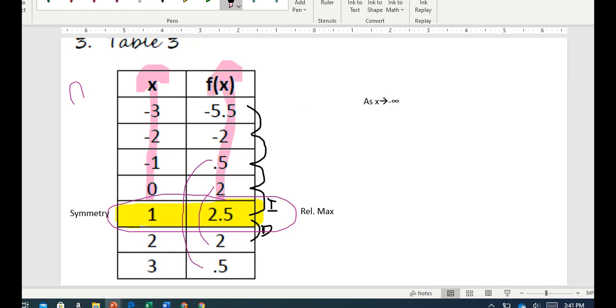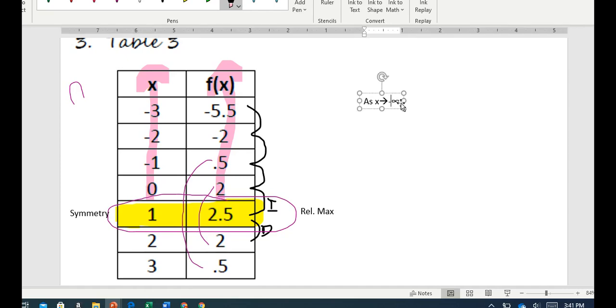They are also getting smaller towards negative infinity. So here you want to make sure that you use f of x in your answer.